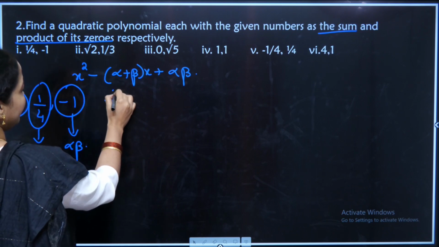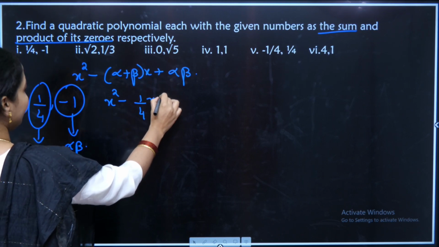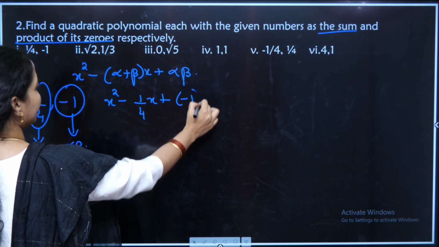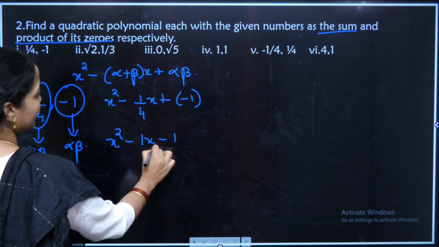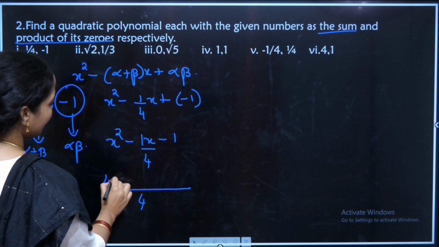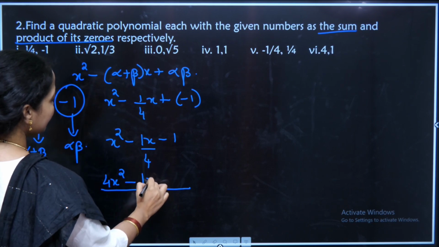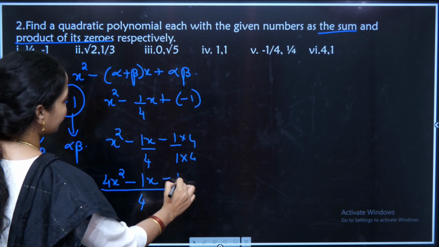So x square minus sum of roots, which is 1 by 4 x, plus alpha beta, which is negative 1. When I elaborate, x square minus 1 by 4 x minus 1, and taking LCM throughout, this gives me 4x square minus 1x minus 4.